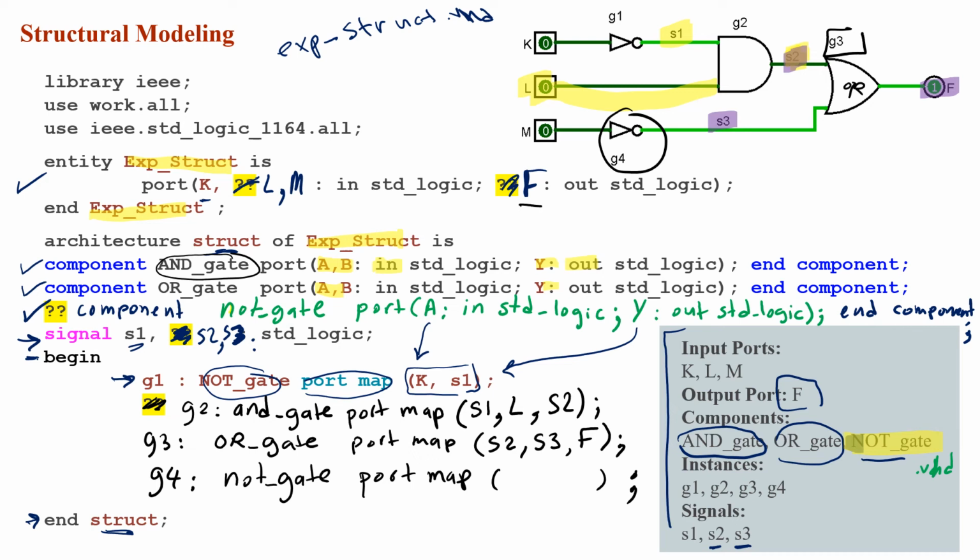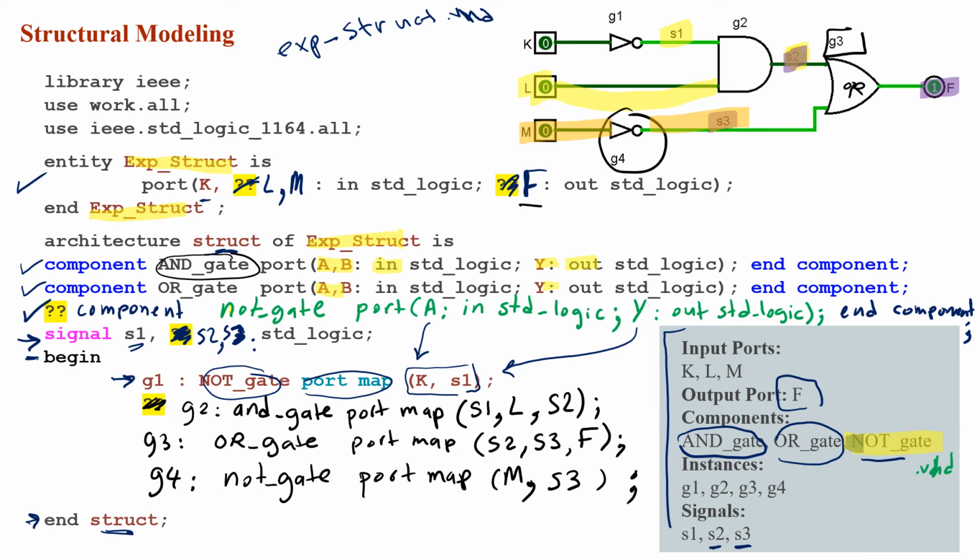We can highlight them first. I'll use orange. So G4 takes M as an input and it outputs for us S3. So I'm going to say M, comma, S3. Now this is the complete code for the expression underscore struct.vhd.